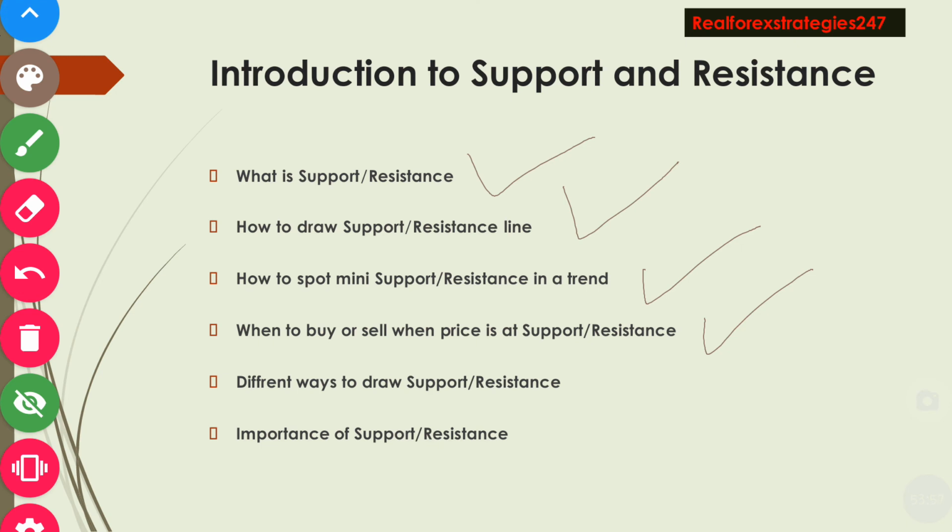So right now we're going to move on into different ways to draw support and resistance, right? So at the beginning when I took you to a live chat, I showed you the first way how to draw a resistance. I took you to the monthly time frame, and I placed my line on areas where price reversed in the past.